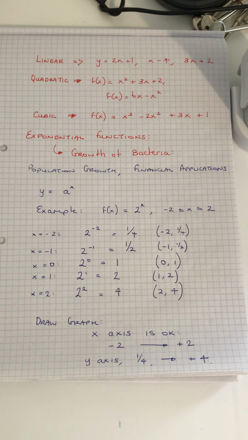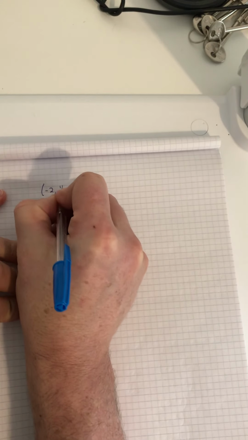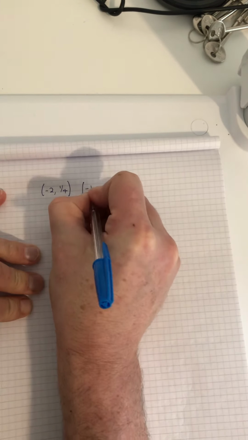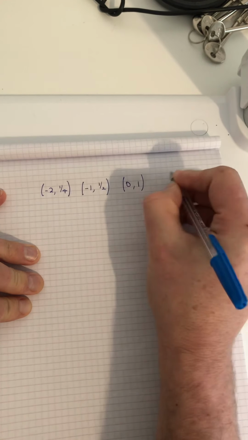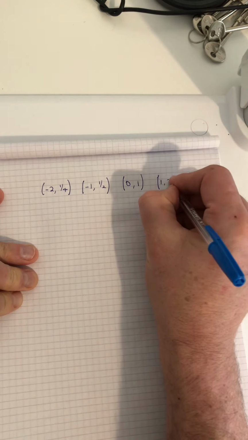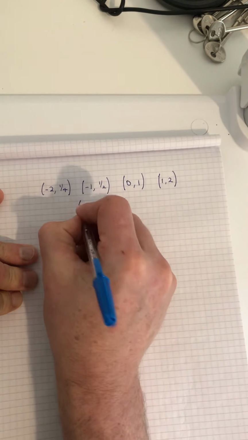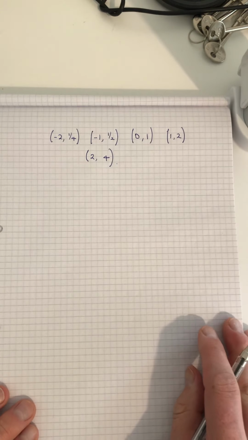So we need to be careful how we draw our graphs out, okay? So let's try and draw this graph out. So the set of points were minus 2, 1/4, minus 1, 1/2, 0, 1, 1, 2, and 2, 4.